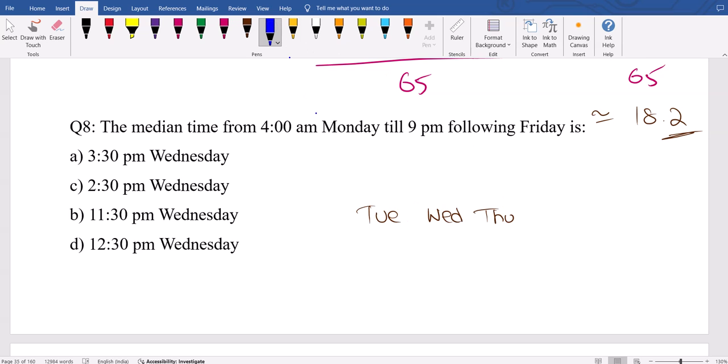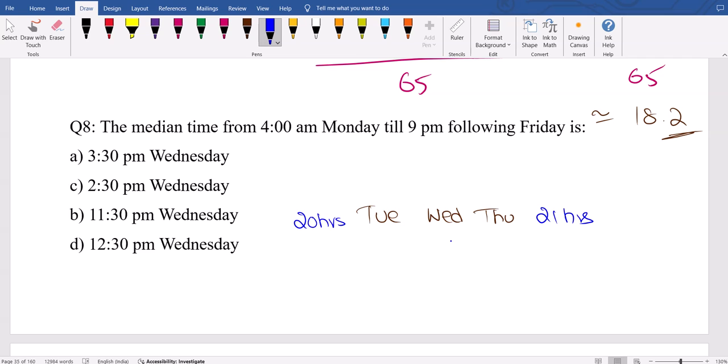But here Monday 4 hours gone, you have 20 hours. Friday up to 9 p.m. means 3 hours gone, 21 hours. So it's actually Tuesday, Wednesday, Thursday in the middle.